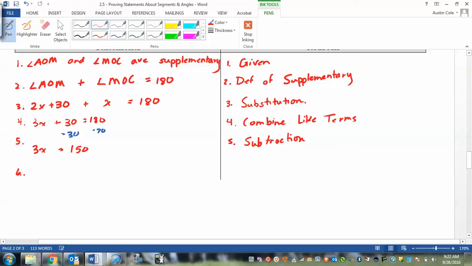Divide by 3 on both sides. x is going to equal 50. And that's going to be the division property.